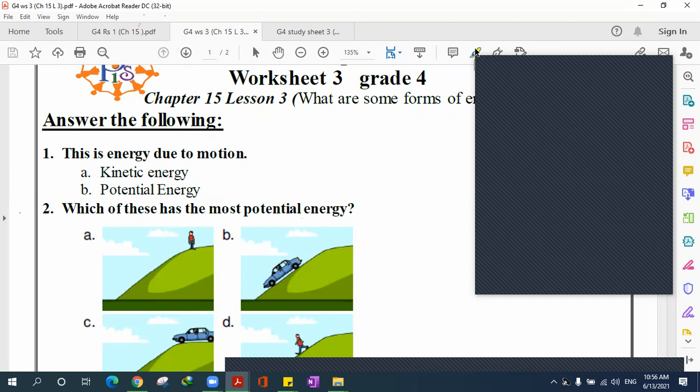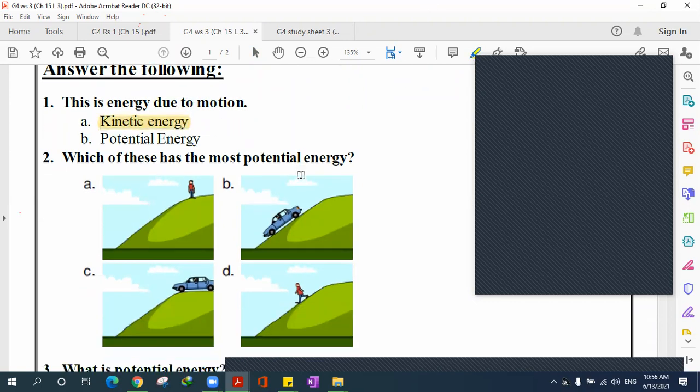What do we call this energy? Potential or kinetic? Yes, Malak, it's a really simple question. You know the answer. Yes, it's going to be kinetic energy. Thank you, Malak.